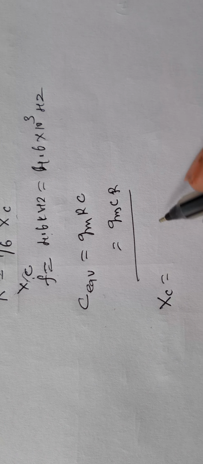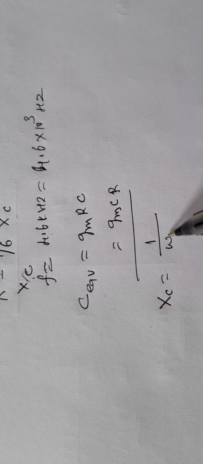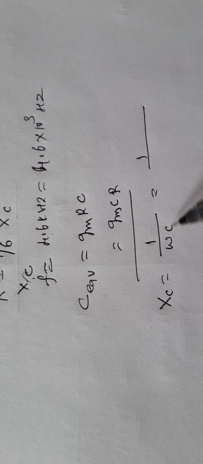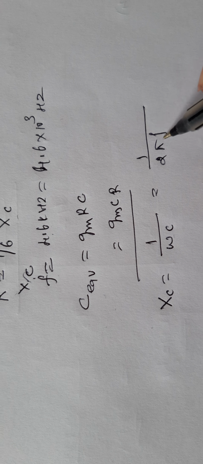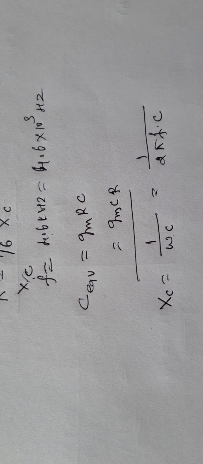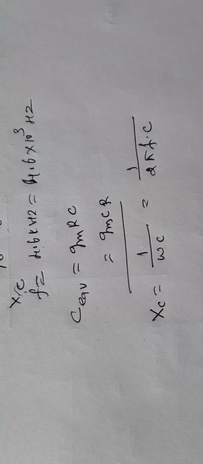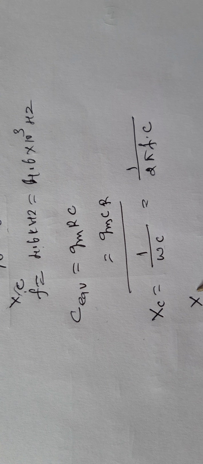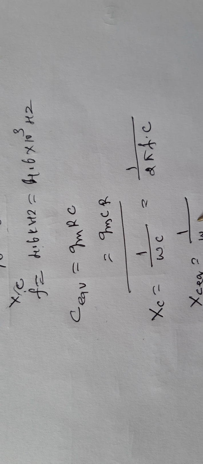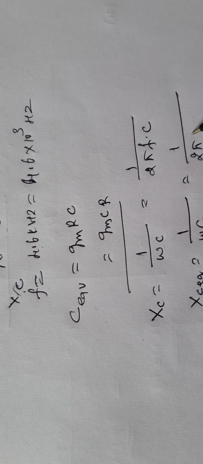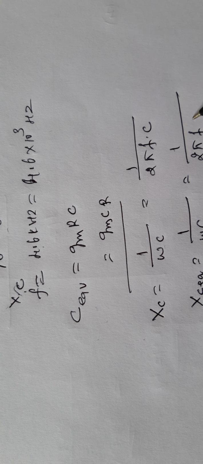So Xc is equal to 1 over omega C, that you know very well, which is equal to 1 over 2 pi f into C. But I will consider Xc equivalent, which is equal to 1 over omega C equivalent, which is equal to 1 over 2 pi f into C equivalent.